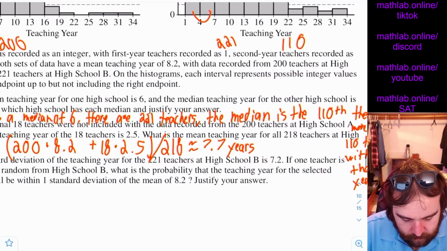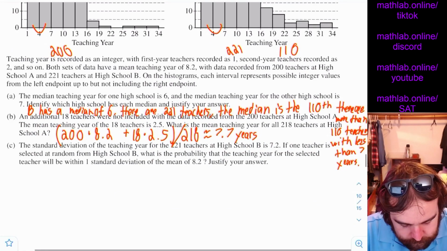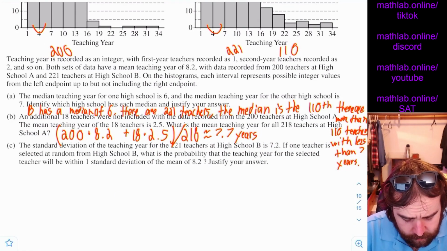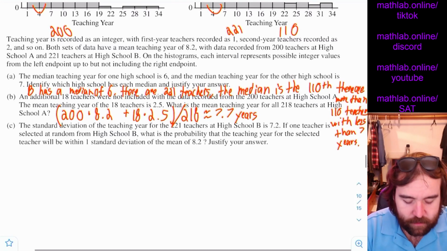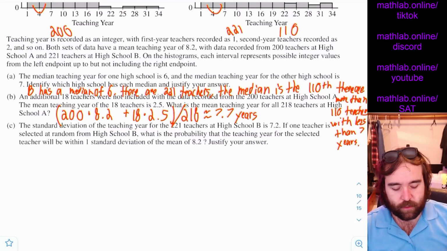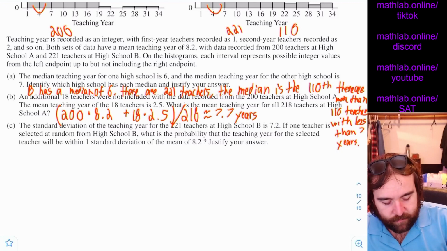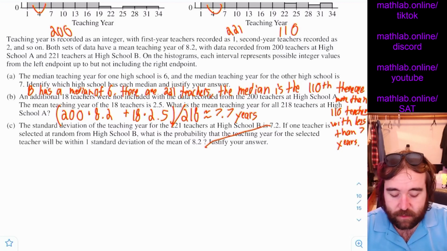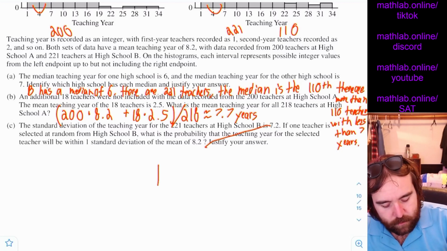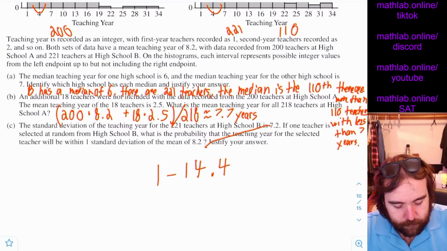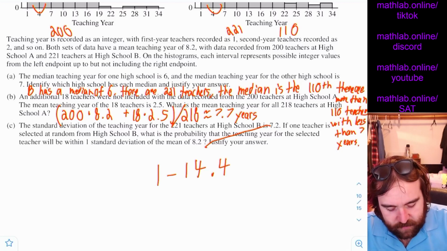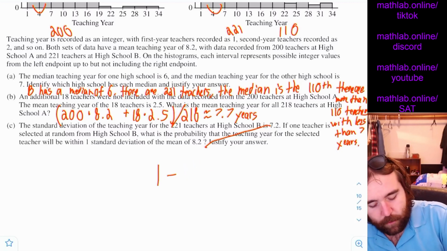So what is one standard deviation of 8.2? Well, if the standard deviation is 7.2, that means we're looking between 1 and 14.4. No, 15.4.